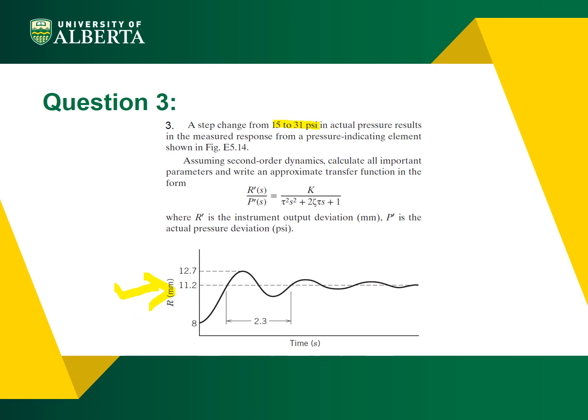Assuming second order dynamics, calculate all the parameters and write an approximate transfer function in the form. So this is just the reverse of question 2, where we have been given the response curve, and then we have to take all the characteristics of the curve and find tau, zeta, k, and then plug them into the general second order transfer function form to get the second order transfer function.